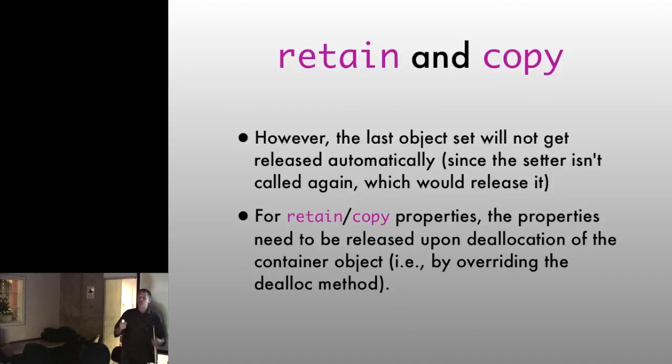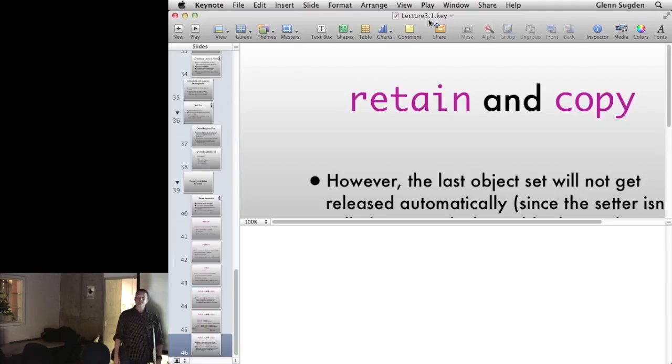So if you have a property that retains something automatically when it's set, you need to make sure that property has a dealloc that calls release on that object, if it's responsible for it. And when is it responsible for it? Three cases: alloc, retain, copy. That's it.